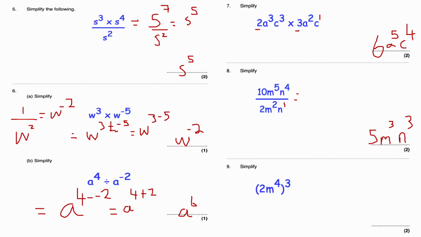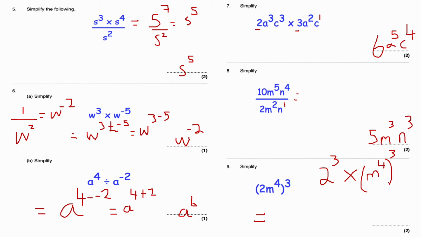Simplify 2m to the 4 all cubed. Well, I've got 2 cubed, okay, times m to the 4 all cubed, okay. Now, there's multiple ways of obviously working this out. I could write it as 2m to the 4 times 2m to the 4 times 2m to the 4. But I'm doing it this way just so you understand actually the rules of indices.